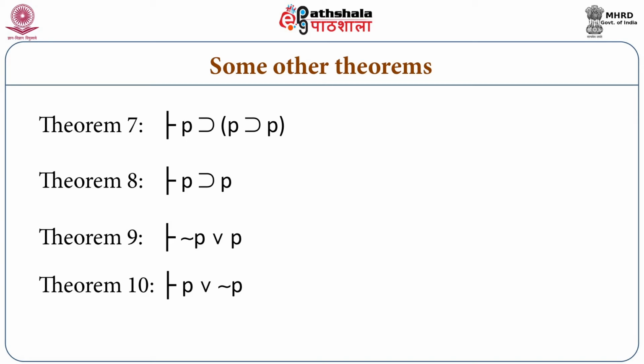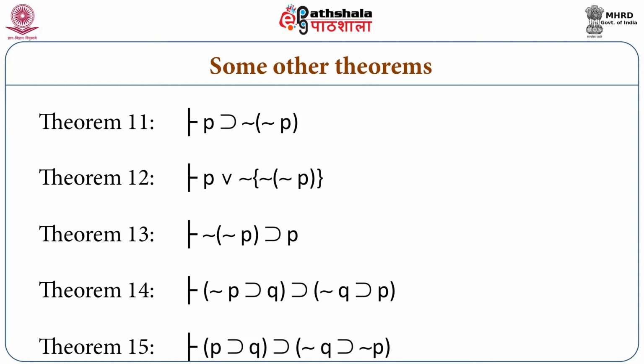We can have more theorems. Let us say theorem number 10, P or not P, which is just the reverse of what we have in theorem number 9. We can have more theorems like P implies not P, which can be taken as theorem number 11.